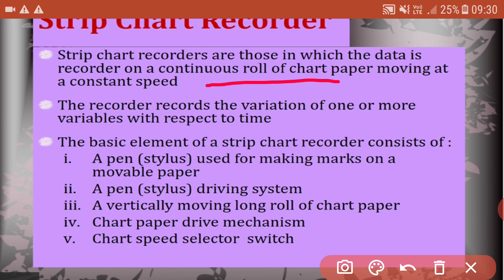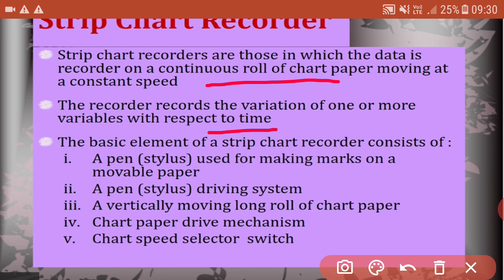It means in this type of recorder the data is recorded on a continuous roll of chart paper moving at constant speed. The recorder records the variation of one or more variables with respect to time. So we can record one or more than one variable with respect to time.